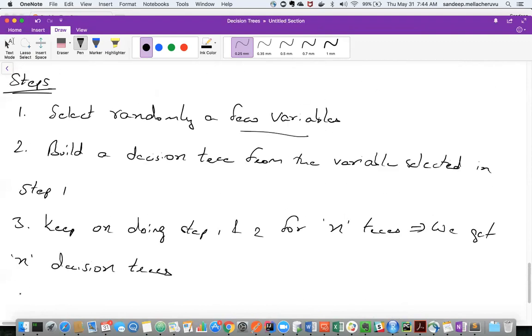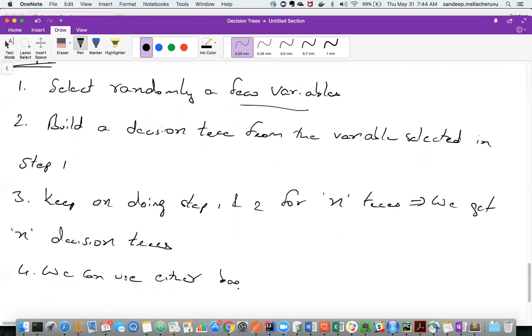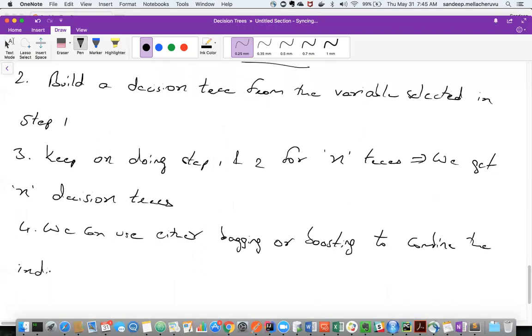Now what I do is we can use either bagging, I'll tell you what this bagging is, or boosting, to combine the individual predictions into a final prediction. I'll tell you what this means.